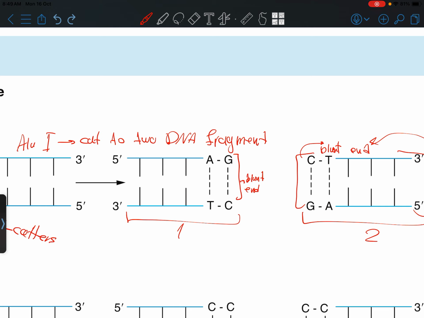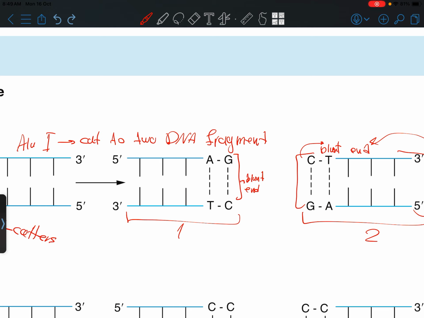What brings them is the complementarity between the overhangs. All the DNA polymerase does, if it senses two nucleotides not having a phosphodiester bond between them, it will join them together, if there is a free phosphate group and a free OH.